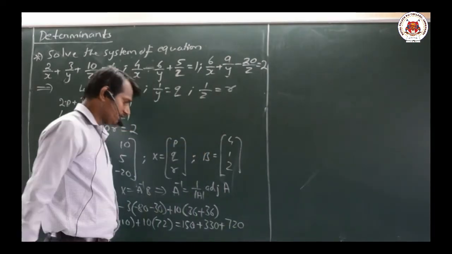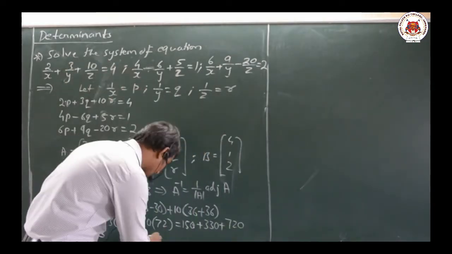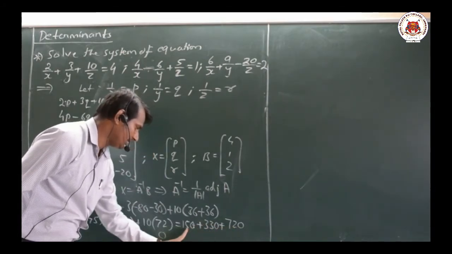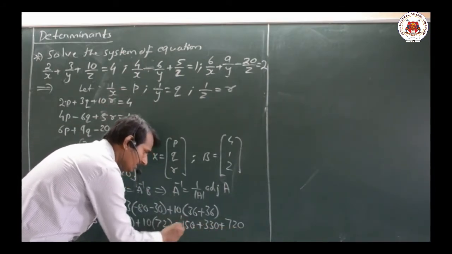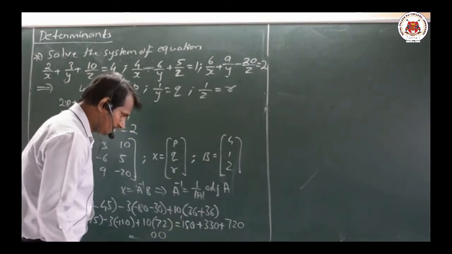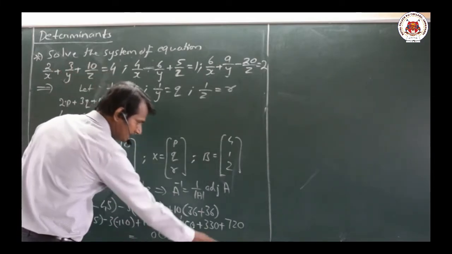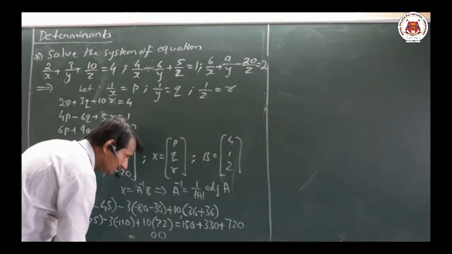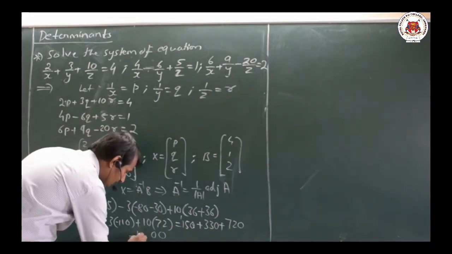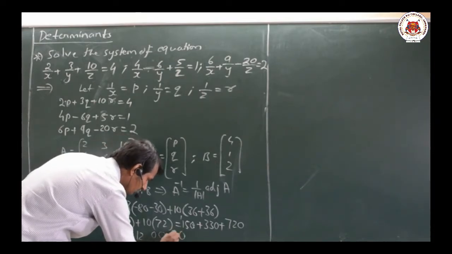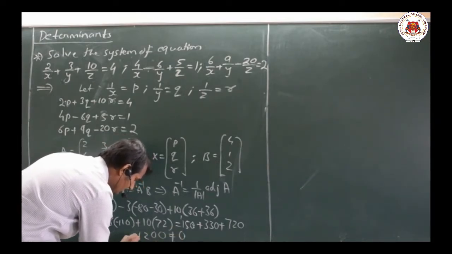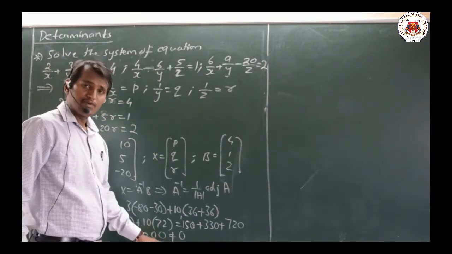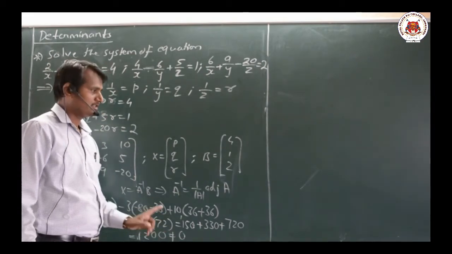So the value is 1200, and it is not equal to 0. Not equal to 0 means it is invertible, and we can find the A inverse value.